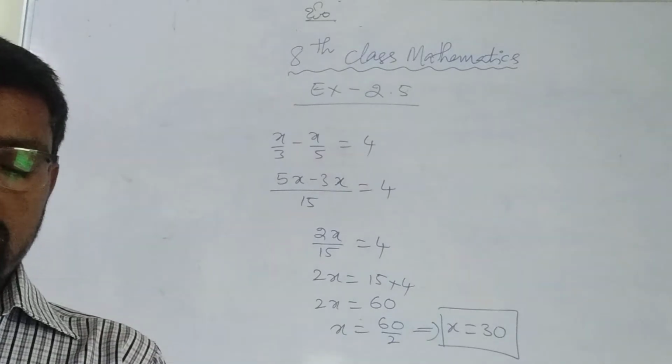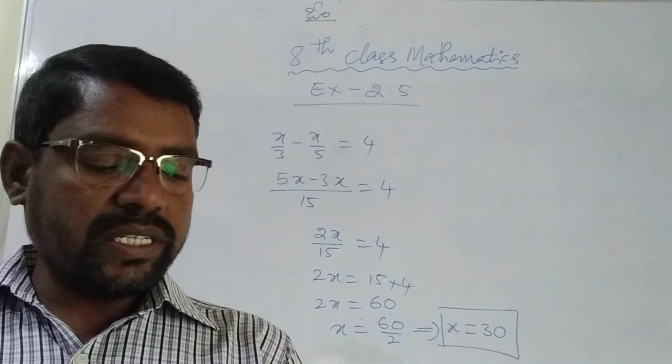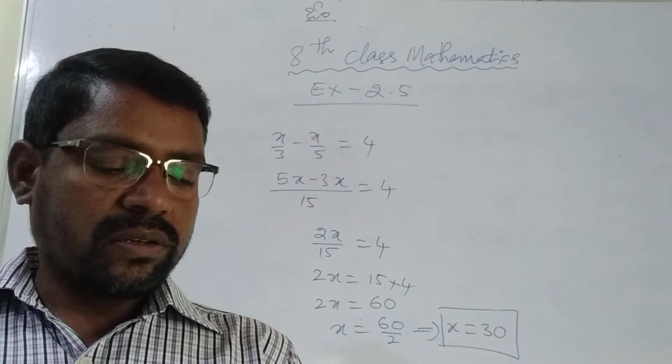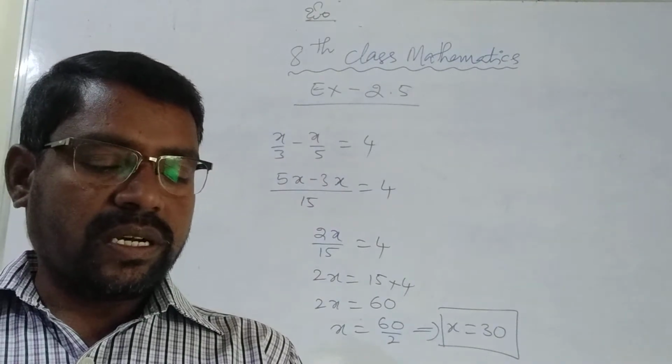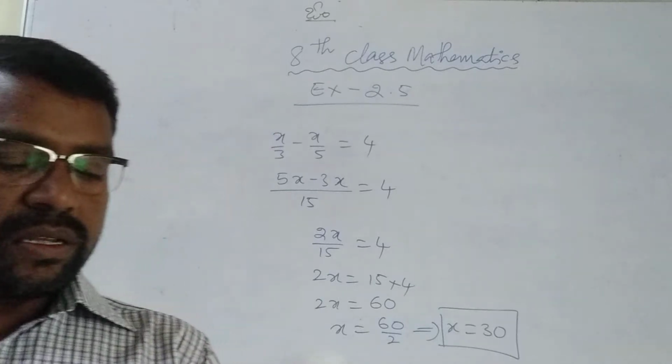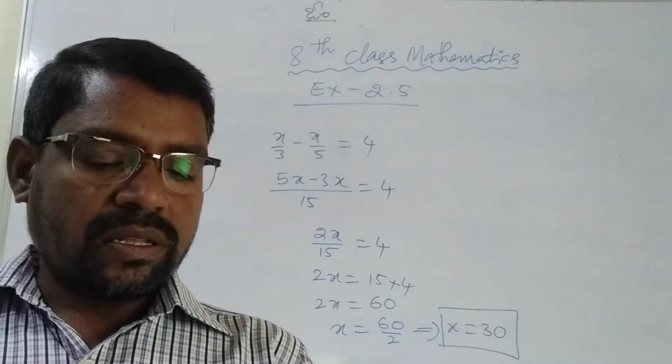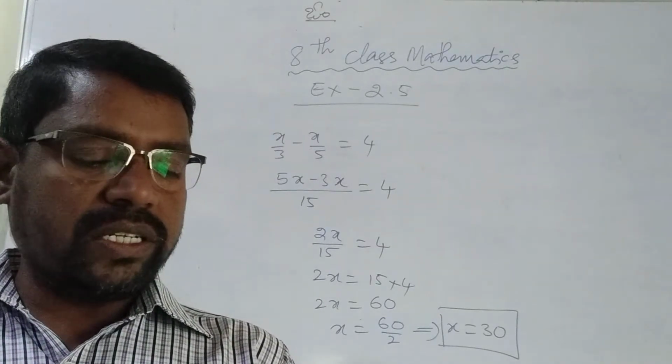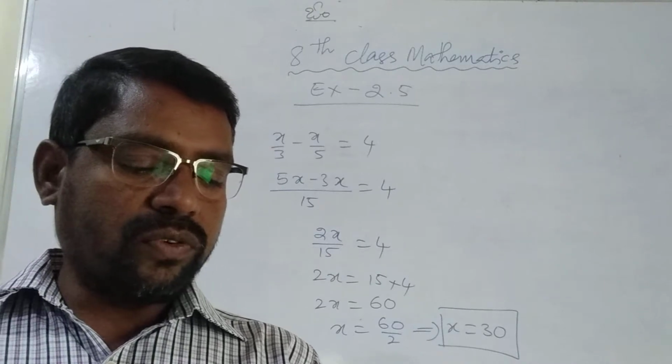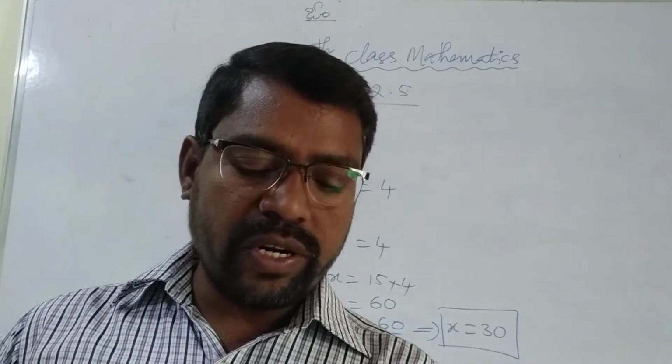The quotient when one integer is divided by the other is 4. Find the integers. That is very important.